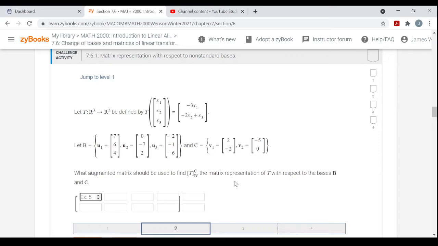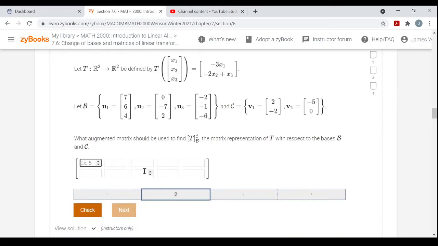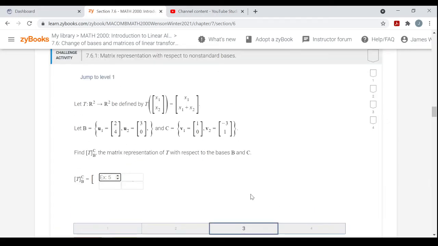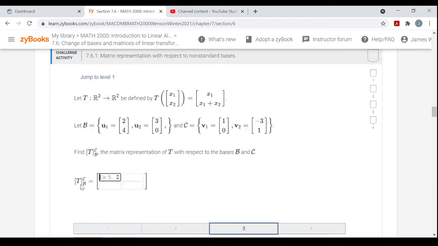This one they're actually asking for the augmented matrix you would set up before you put it in reduced row echelon form. So again, you got the vectors of C on the left and then those images of the vectors of B on the right. That's all you're asked for there. And this is now actually find that matrix representation relative to the two bases given.